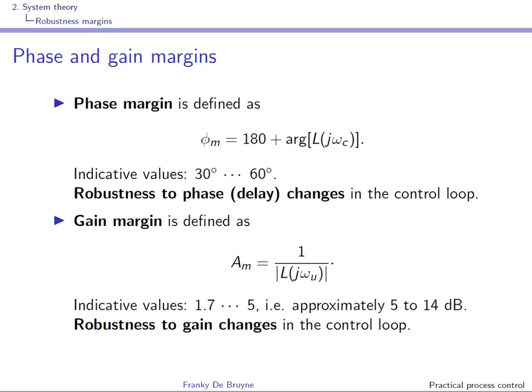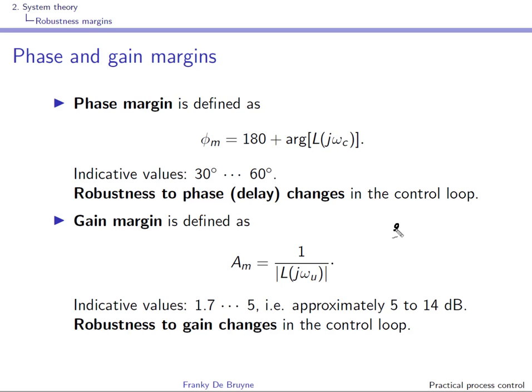Indicative values for the gain margin in absolute units are in the range 1.75, and if you use the gain margin in dB, you should use the range 5 to 14 dB. This is of course indicative.